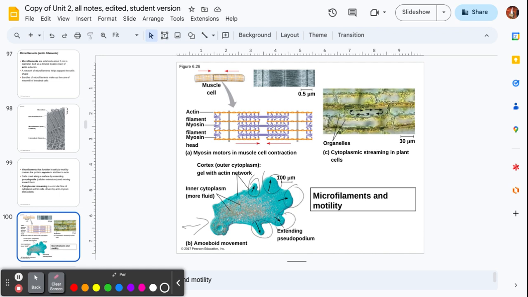That's all a result of the microfilaments. The microfilaments and the cytoplasm are pushing part of the cell membrane outward, and then the rest of that cell back here will follow it. So it pushes it out, and the rest of it comes with it. It pushes it out again, and the rest of it follows forward. So it almost looks like a foot.